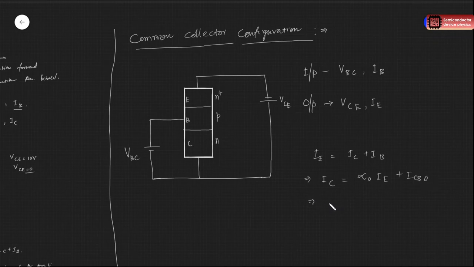From here we can write IE equals alpha naught IE plus ICBO, plus IB. Now for the output characteristics, we need the IE value, the emitter current. Earlier it was the collector current, right?